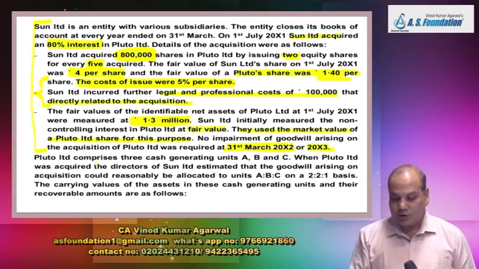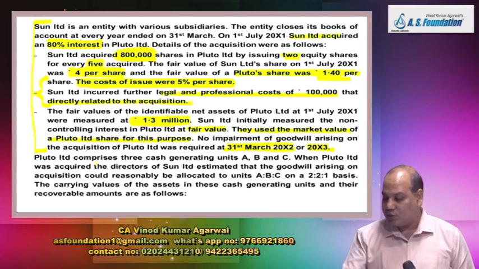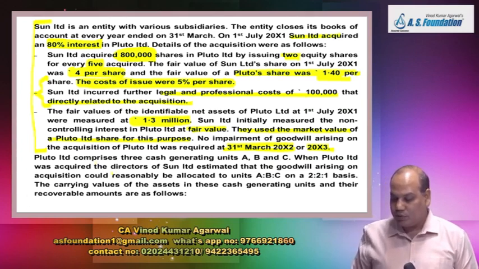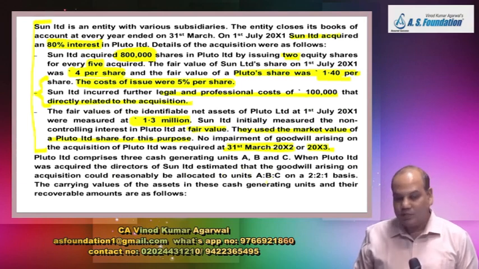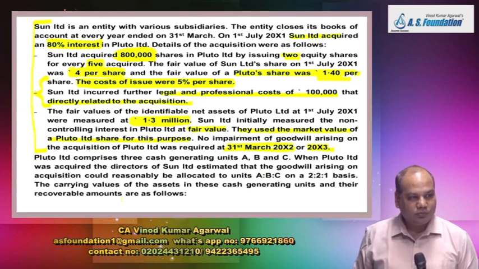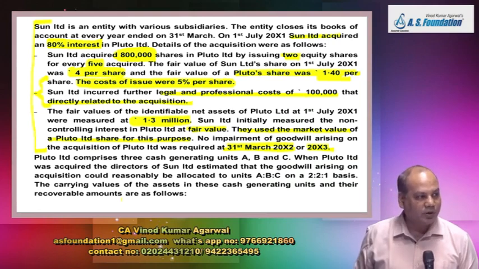Now the problem further says Pluto Limited comprises 3 CGUs, A, B and C. When Pluto Limited was acquired, the directors of Sun Limited estimated that goodwill can be allocated to units A, B and C in the ratio of 2 to 1. The carrying value of the units in this CGU and the recoverable amounts are as follows. Now here the standard IAS 36 will be important.